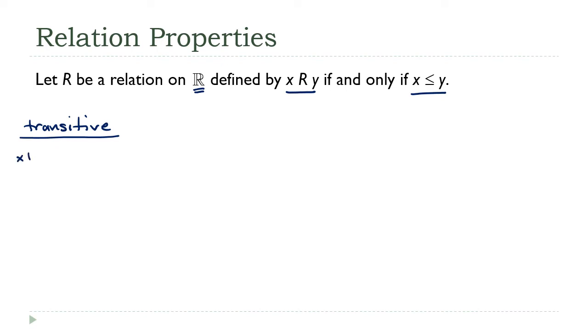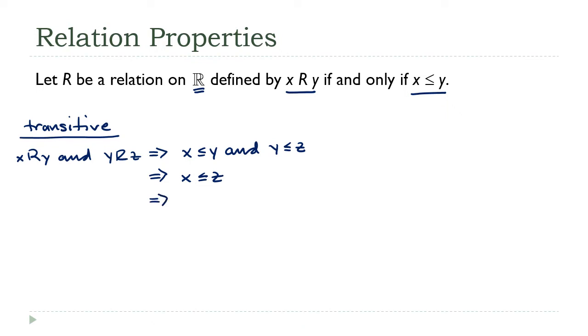Well, if x is related to y and y is related to z, what does this mean? Well, this means x is less than or equal to y and y is less than or equal to z. And since inequality is transitive, this means x is less than or equal to z. And looking back up at our definition there, that means x is related to z.